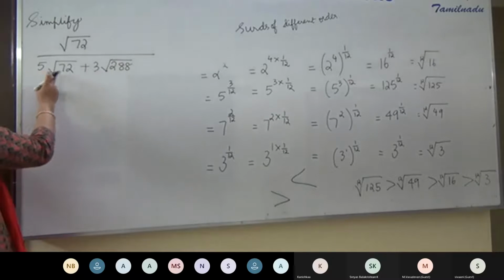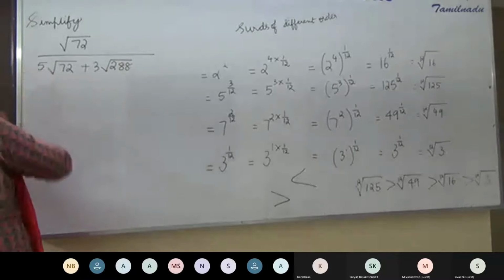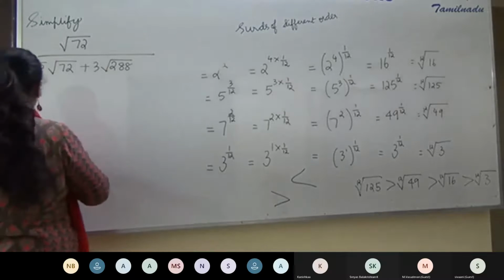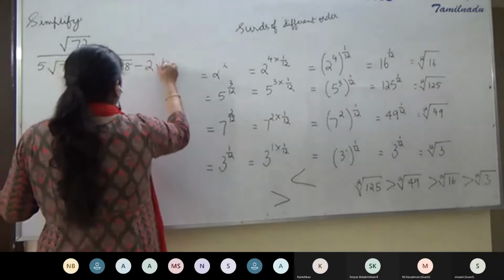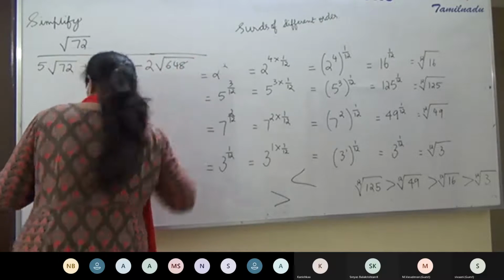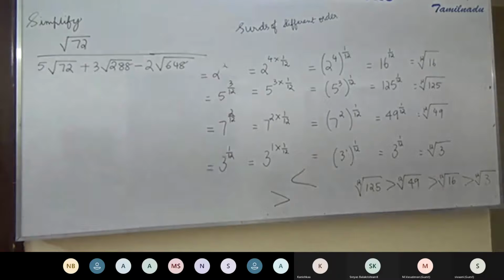You can read this as 5 square root of 72, minus 2 root 648. So how do we do this?